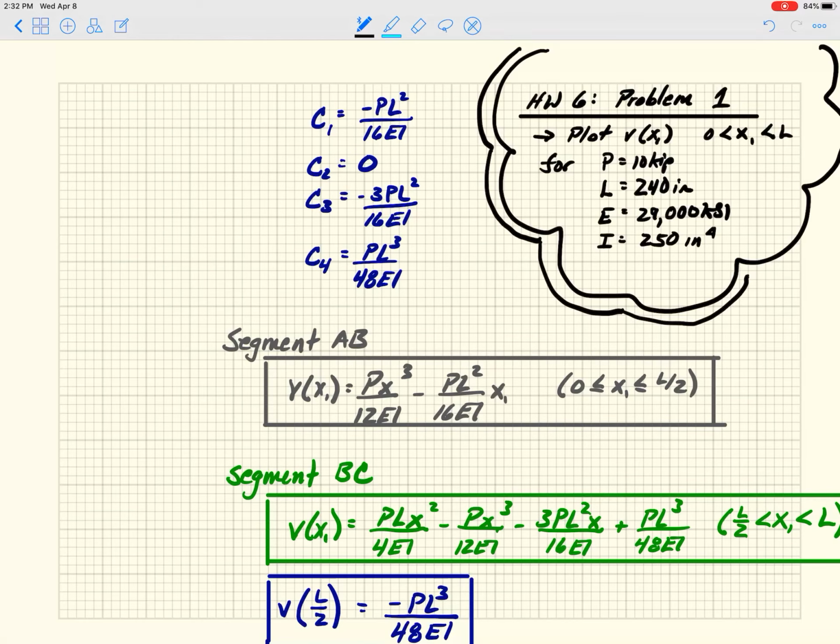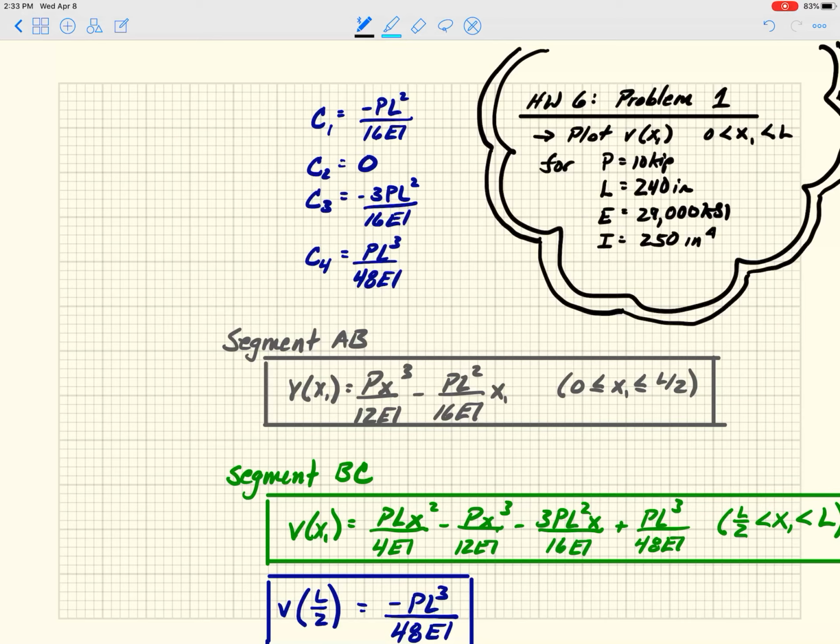So I will post homework 6 very soon, if it's not already posted by the time I post this lecture. But the first problem is going to have you plot the displaced shape for segments AB and BC. So plot from 0 to L. I'm giving you all the parameters.